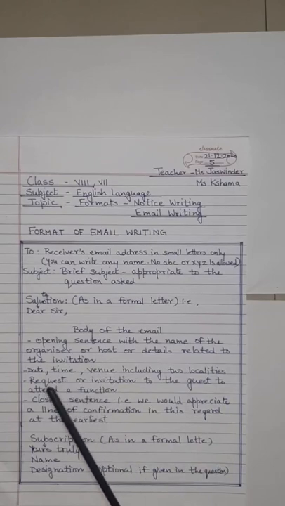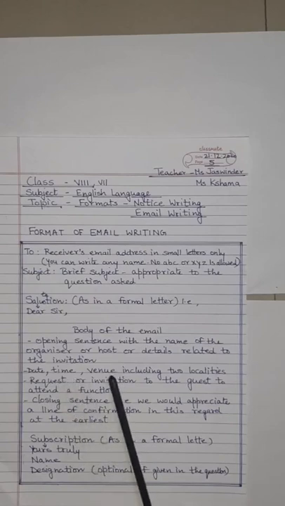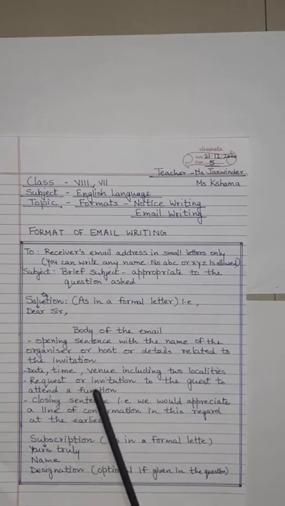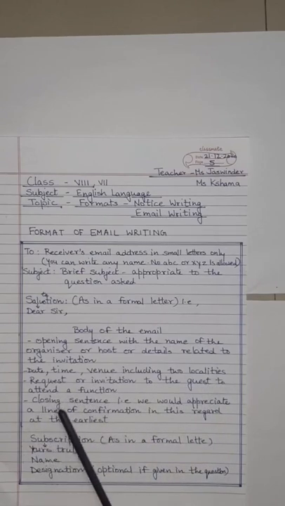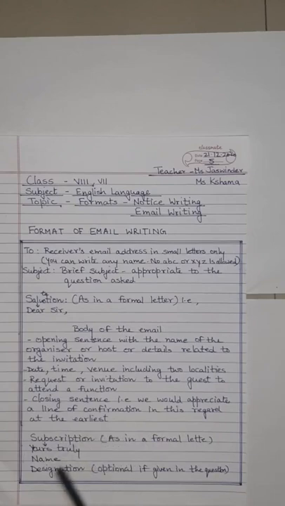Then after that, you will write date, time, venue, including 2 localities, then request or invitation to the guest to attend the function, then closing sentence, that is, we would appreciate a line of confirmation in this regard at the earliest, then subscription as in a formal letter.